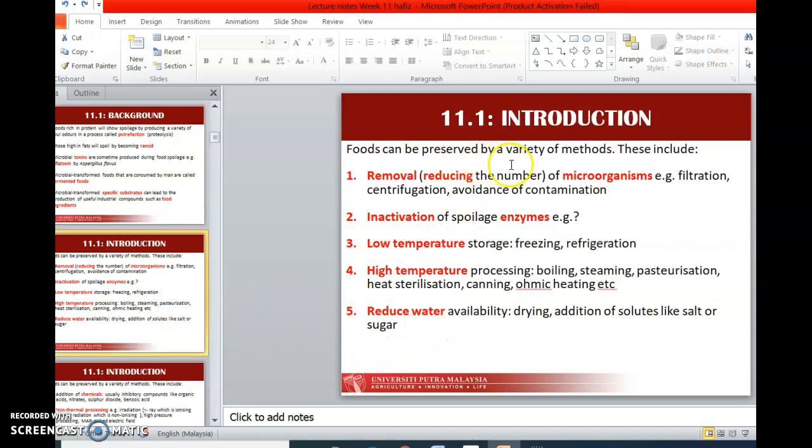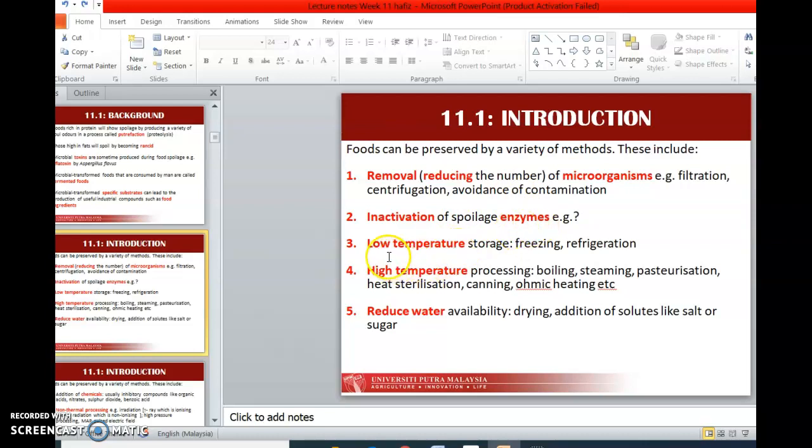Food can be preserved by a variety of methods. The first one, we can remove or reduce the number of microorganisms through certain processes, for example filtration, centrifugation, and avoidance of contamination, which means that you use sterile techniques. Second, you inactivate the spoilage enzyme, for example the PPO, the browning enzyme.